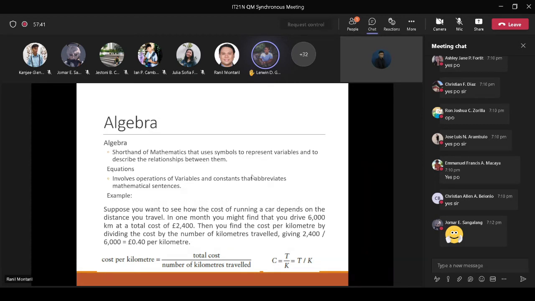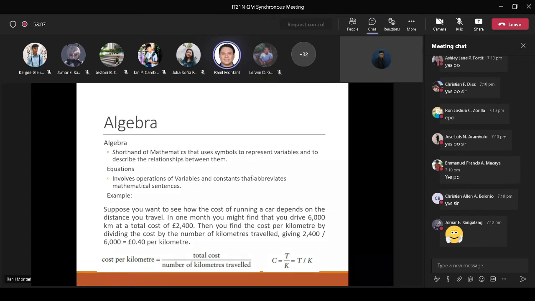In 1 month, you might find that you drive 6,000 kilometers at a total cost of 2,400 pounds. Then you find the cost per kilometer by dividing the cost by the number of kilometers traveled, giving 2,400 divided by 6,000 equals 0.40 pounds per kilometer. Thank you, Lerwin.